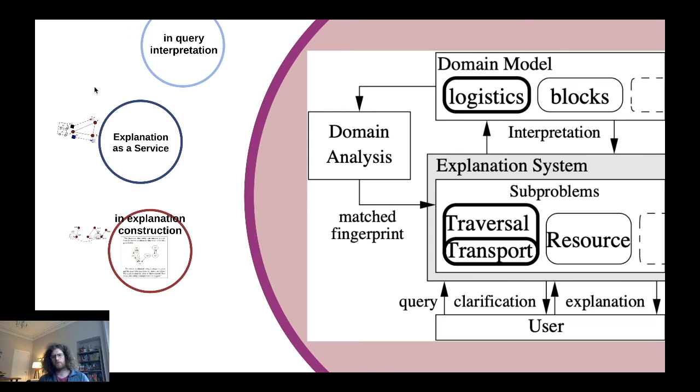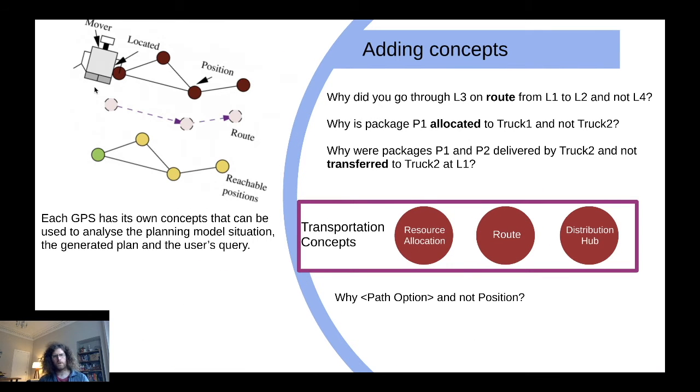Okay, so an explanation system would have this component where you analyze the domain, you select which of these structures exist, and then anything that you've defined for them can be used when you're doing your explanation system tasks, like for example query interpretation or explanation construction. Okay, so for query interpretation, one of the things that you can define is concepts, right?